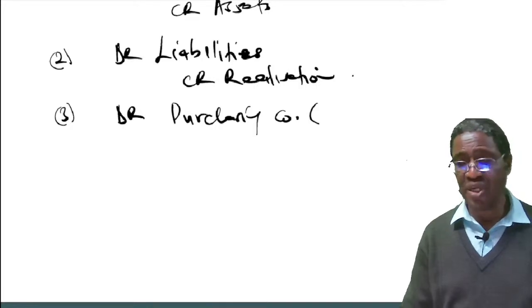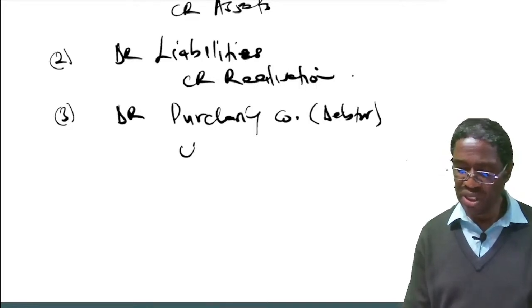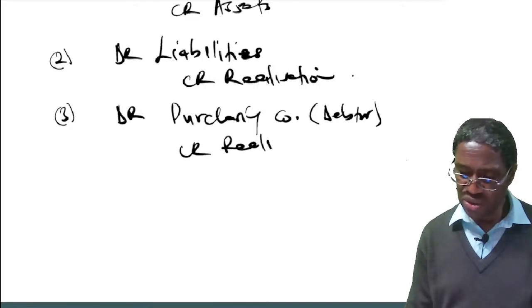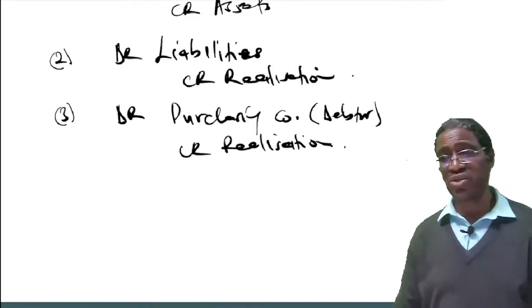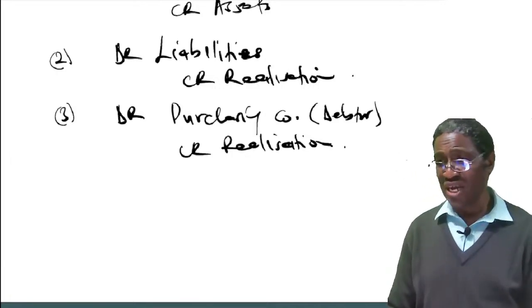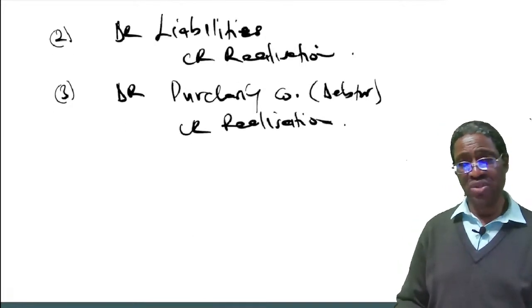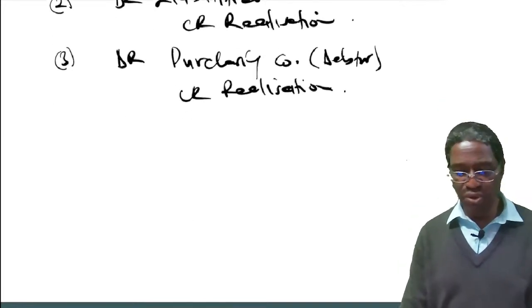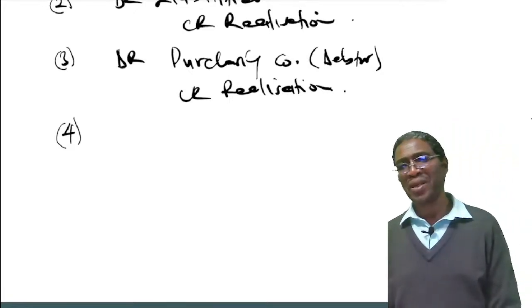Debit purchasing company, you can put in bracket data, credit realization. That's our entry number 3. We now go to number 4.